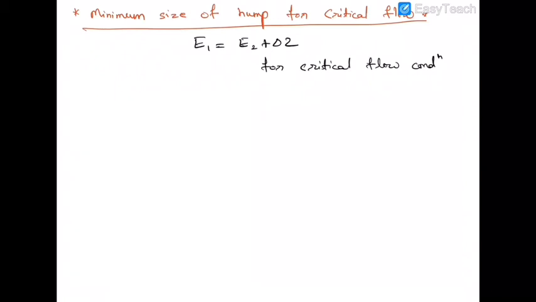here we are taking a case of frictionless situation, okay. Frictionless situation means here we do not consider any type of loss in the flow in the channel, okay.